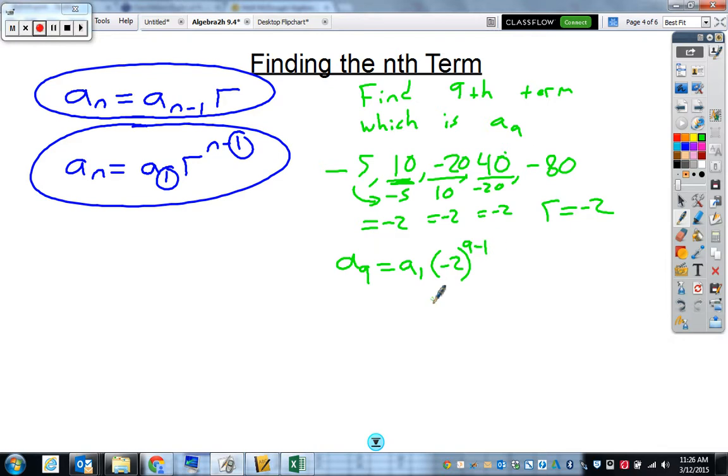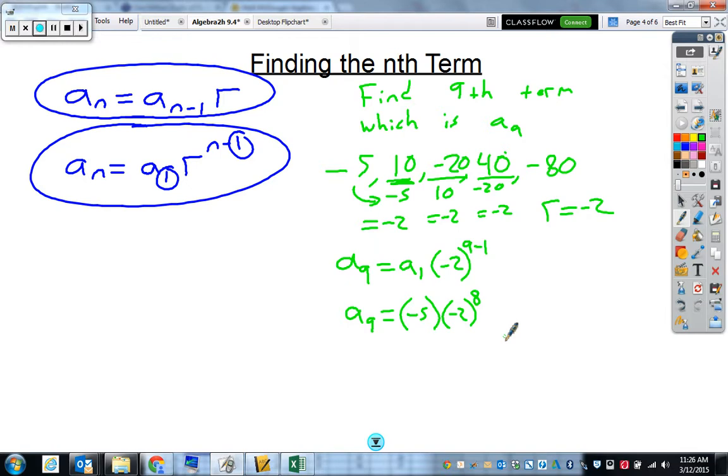A sub 9, I don't know what that is yet, equals a sub 1, which is negative 5, times negative 2 to the 9 minus 1, which is 8. So I have negative 2 to the 8th power.